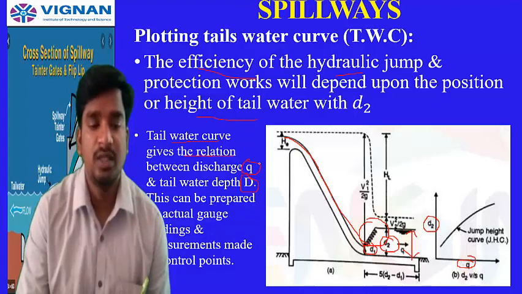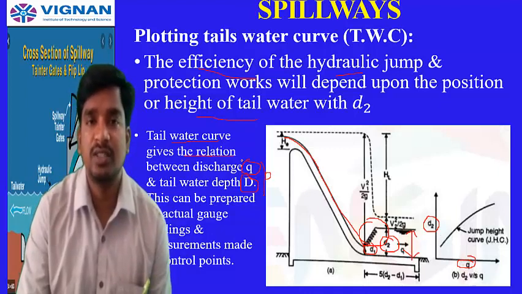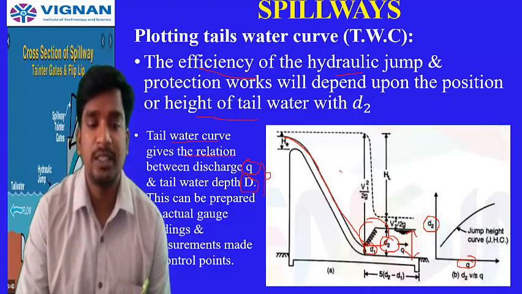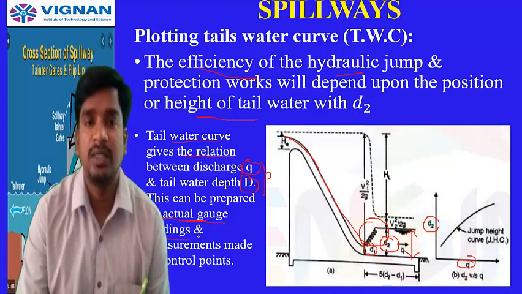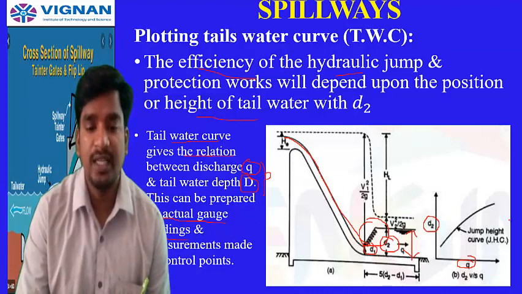In a similar fashion, the tailwater depth is required along with the discharge Q to draw the tailwater rating curve. How to prepare this? It can be prepared from actual gauge readings: at the downstream, at some control points, we can take the tailwater depths and plot the tailwater curve. This is how the two rating curves, the jump height curve as well as the tailwater curve, are drawn.